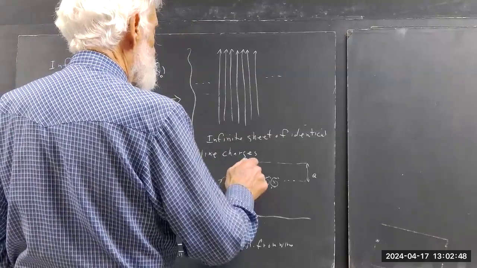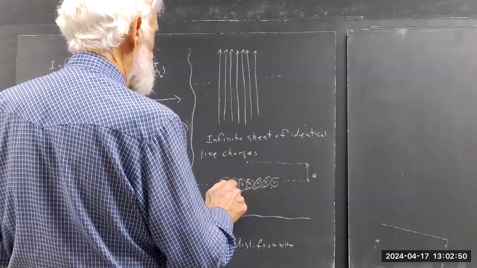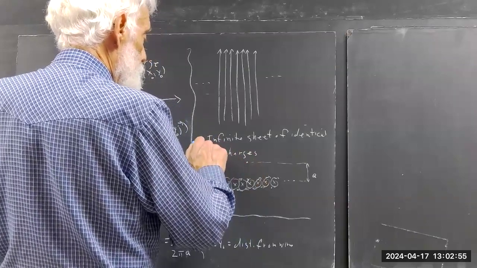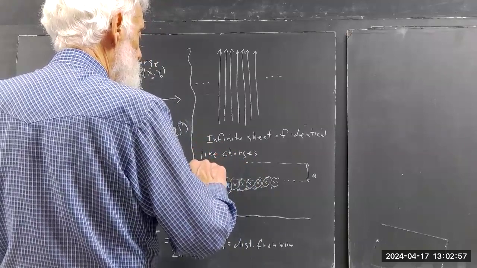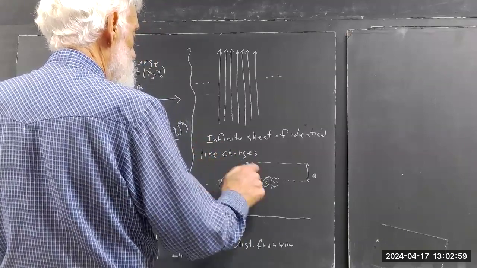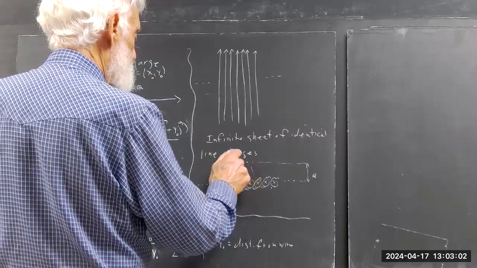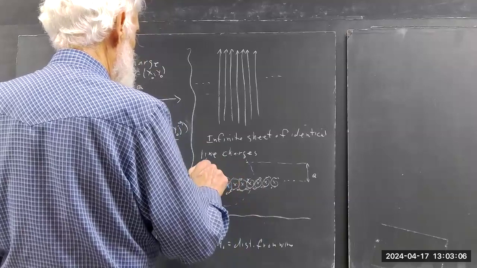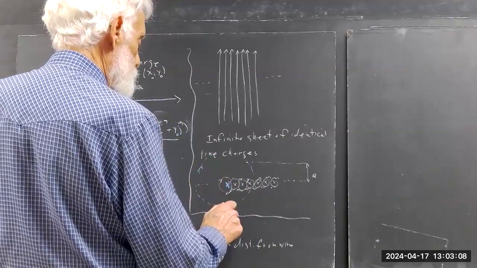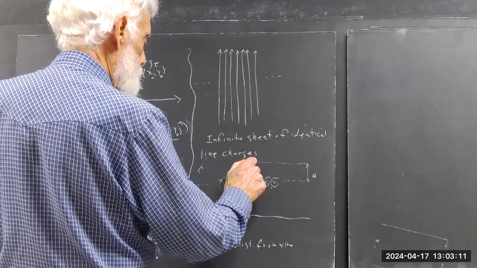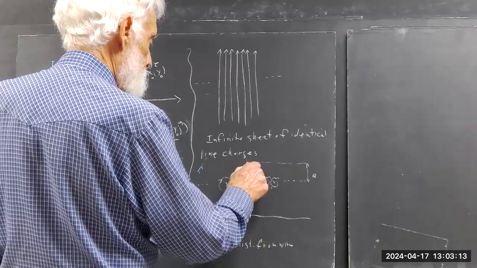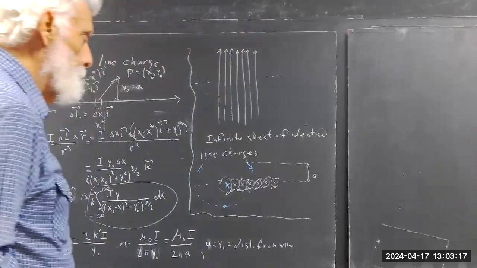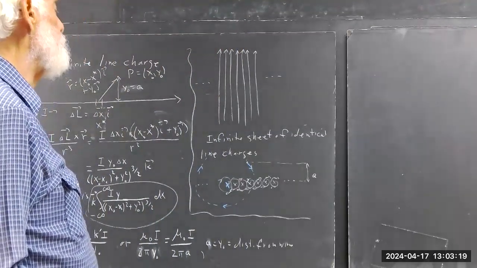Now, if we look at the field just from this charge, it's going to surround the charge, kind of like this. The field is going to go this way, and here the field is going to be to the right and down.